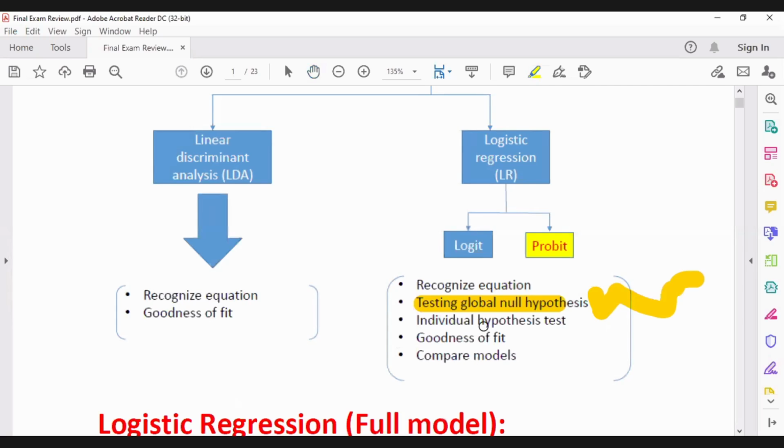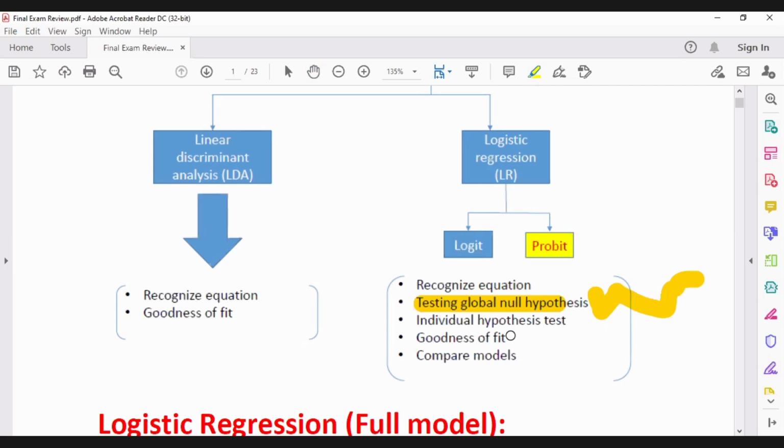For individual hypothesis tests, we need to look at the p-value of the chi-square. For logits and probits, to check if a specific coefficient is significant, you need to look at the p-value of the chi-square. A p-value less than 5% means that the coefficient is significant, otherwise it is not.